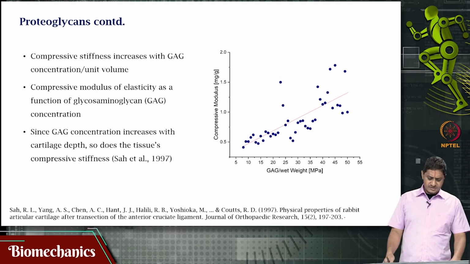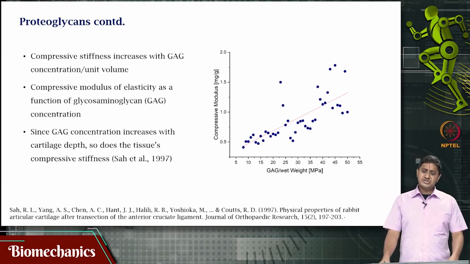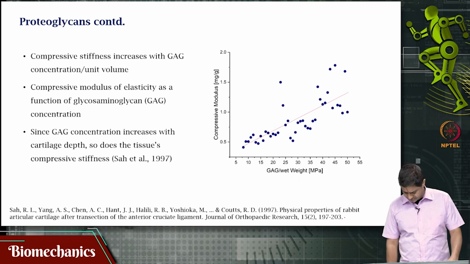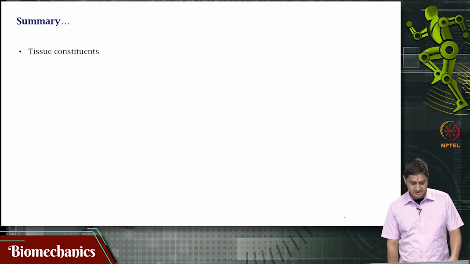And GAG concentration in general increases with the depth of cartilage. So, the tissue's compressive stiffness increases with the GAG concentration and the depth of the cartilage.